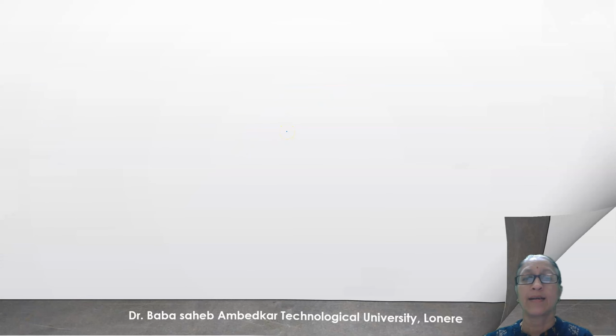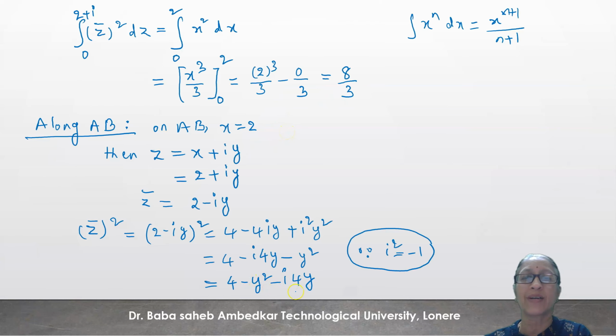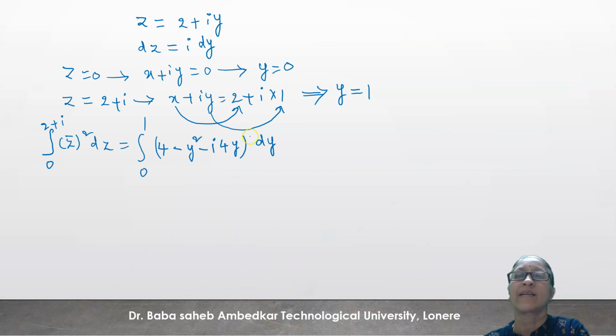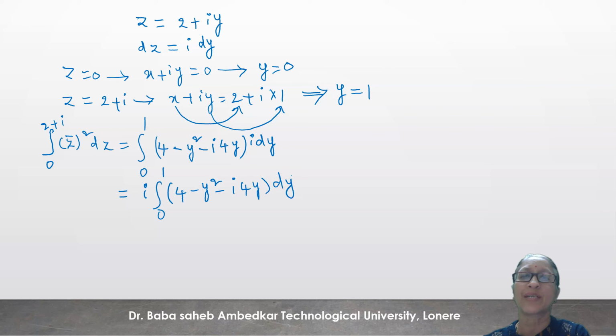Let us check. Here the integrand is 4 minus y square minus i into 4y, then dz is i into dy. So in the place of dz we should write i into dy. Now this is nothing but integral 0 to 1, i you have taken outside the integral, i into integral 0 to 1 of 4 minus y square minus i into 4y dy.